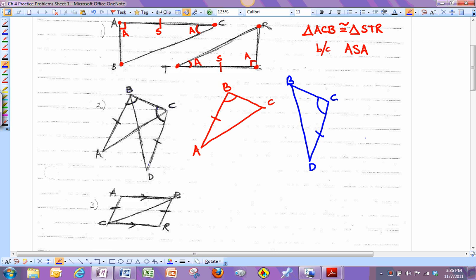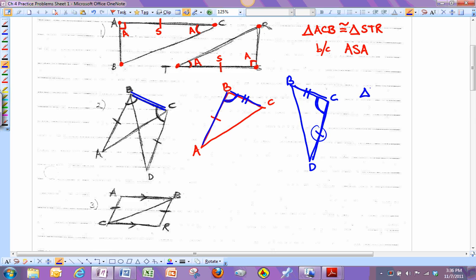So already I've got 1 pair of sides that match up, this side goes with this side, and 1 pair of angles match up right there. And if you think about it, one other thing definitely matches up here. They share this side BC. This one is exactly the same as that one. So what I've got now is 2 sides with 1 angle in between, just like I have in this picture, 2 sides with an angle in between.